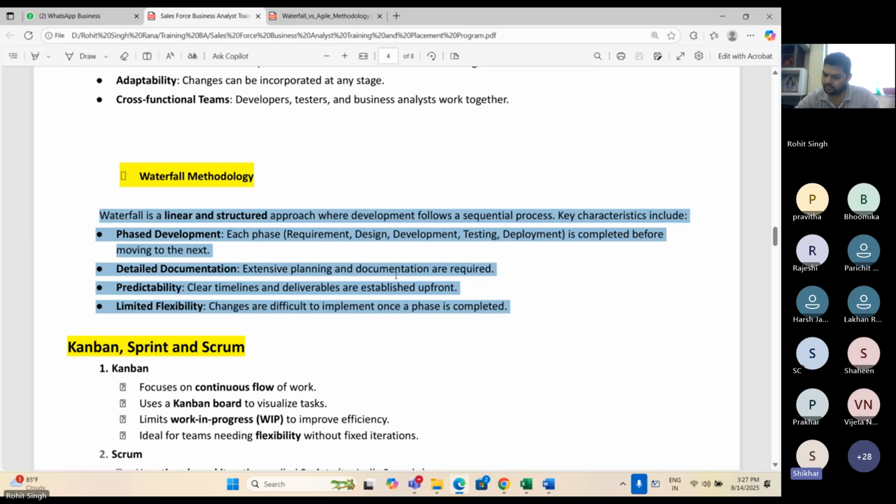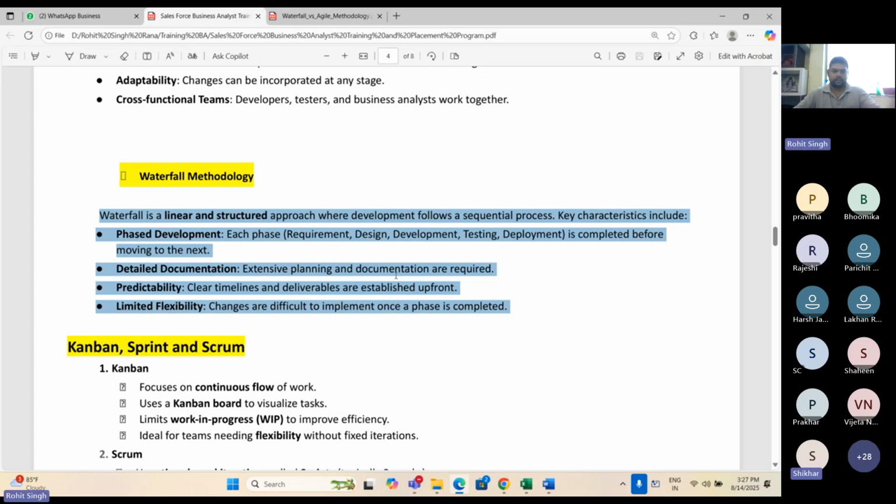Detailed documentation: extensive planning and documentation are required. Predictability: clear timelines and deliverables are established upfront. Limited flexibility: changes are difficult to implement once a phase is completed.